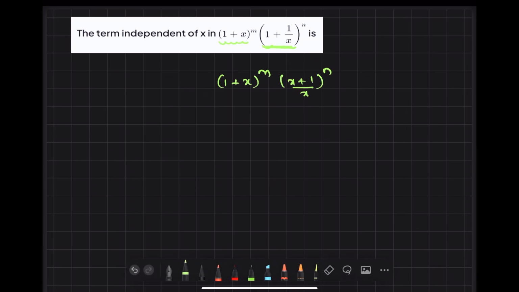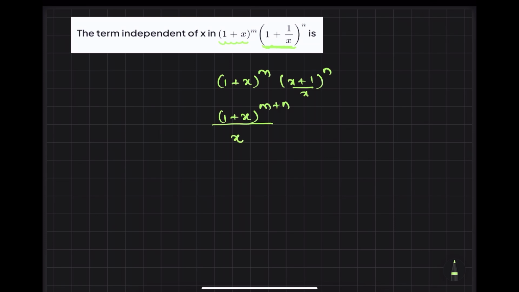So can I write this as (1 plus x) to the power m plus n, because the base is the same, so the powers will be added, and the denominator will carry power n.